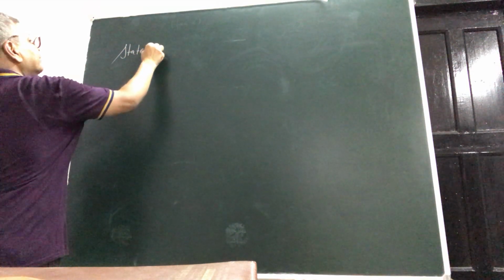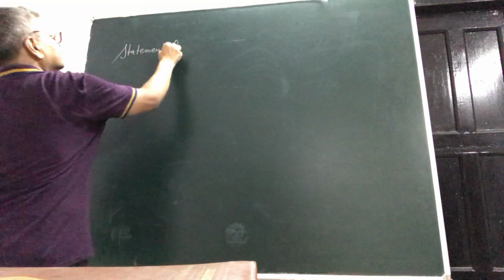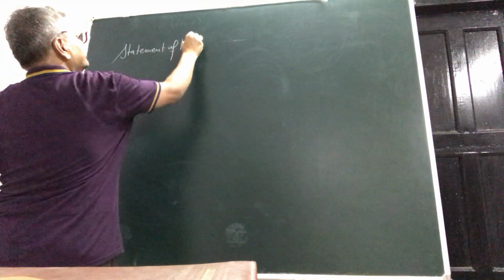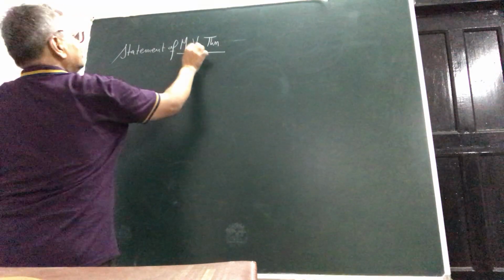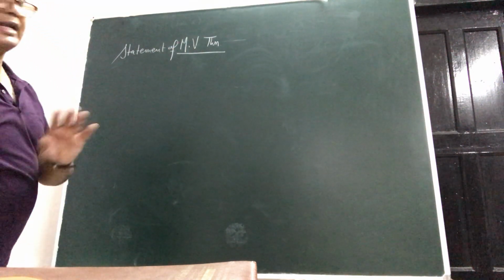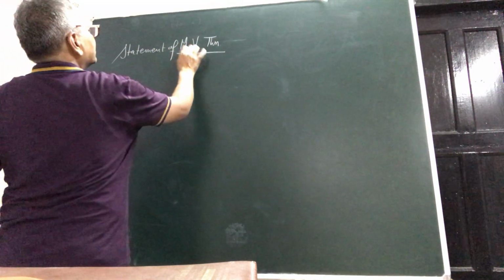I will tell you the statement of this. This is the statement of the mean value theorem. MV theorem, you also write it. It stands for mean value theorem, and it is nothing but the generalization of Rolle's theorem.